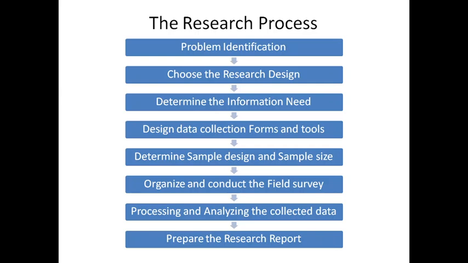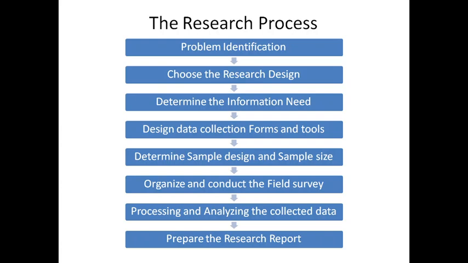The various steps of a research process are: it begins with problem identification, followed by choosing the research design, then determining the information need for the research. It is followed by designing the data collection forms or construction of the data collection tools, then determining sample design and sample size.